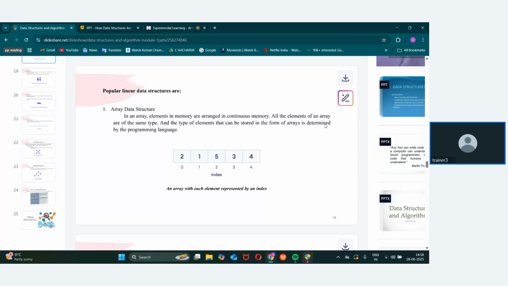All the elements of an array are of the same type. Here we have a natural number and a whole number, and we do not have any floating numbers. This is an integer and this is an integer. All of these are integers. We don't have any characters or decimal numbers here, right? We only have integers, so we can tell that it contains elements of the same type.